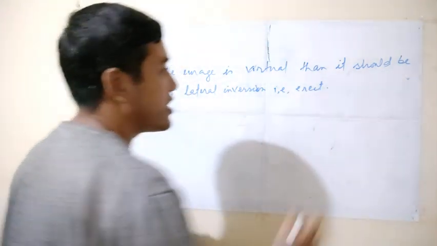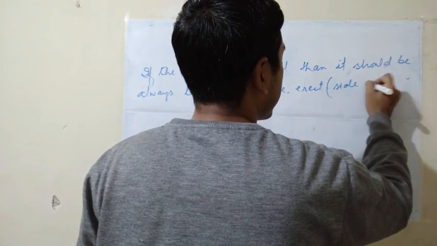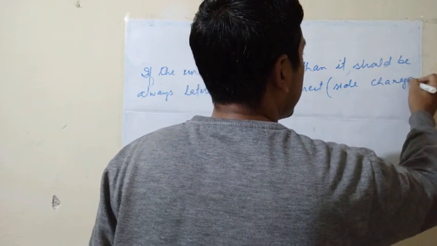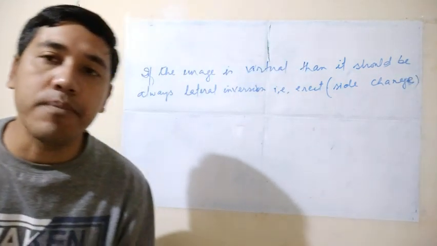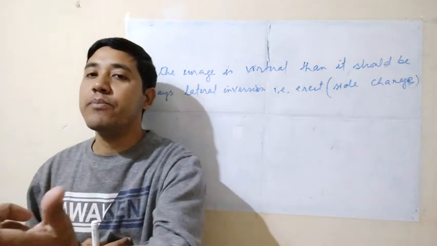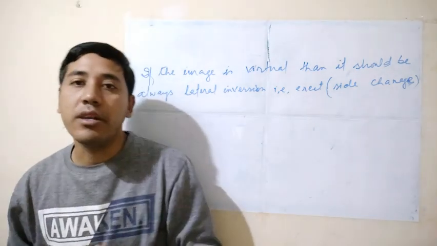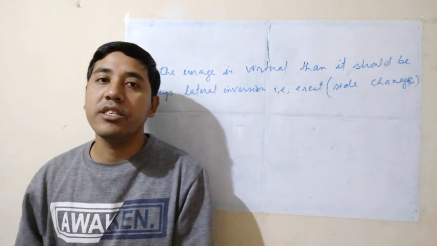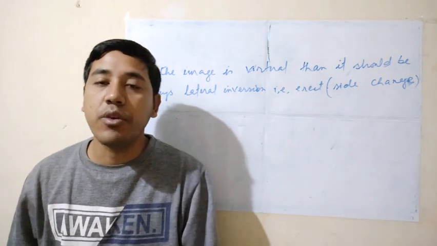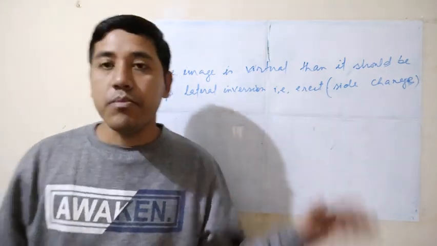Okay, there is side change. What? Side change. Right. Giving you an example, if you are standing in front of the looking glass, okay, your right side will be changed to the left side and left side will be changed to the right side. Okay, this changing of the side is known as what? Lateral inversion, or we can simply say that is known as the erect. Okay, now please copy down this.